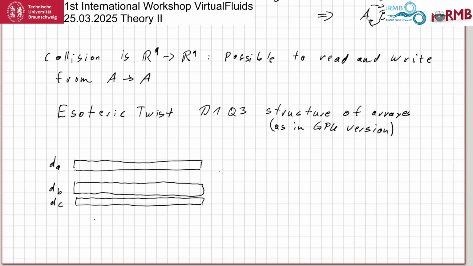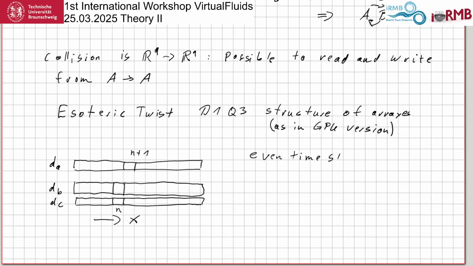Now say we store them according to a coordinate x, and we want to pick out a certain node, say the node number n. We pick out dC at this node number n, dB at this node, and then we do something strange: we pick dA at the node n plus 1. And now we distinguish between even and odd time steps.